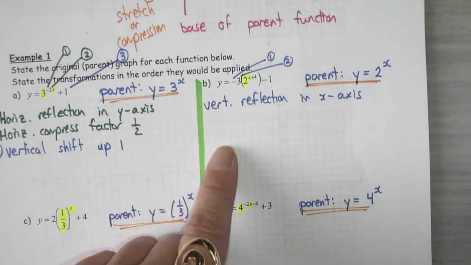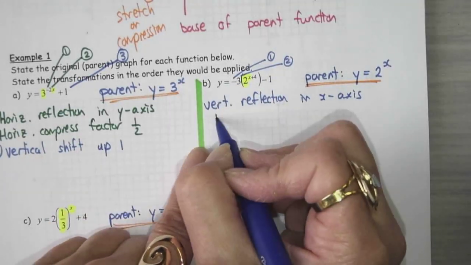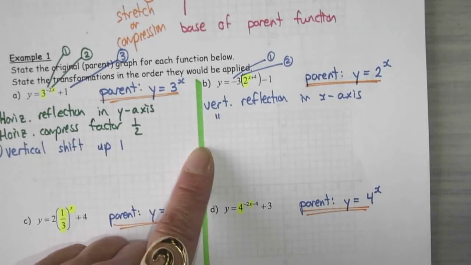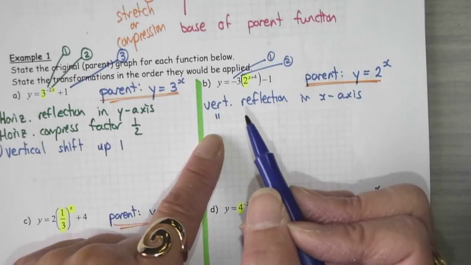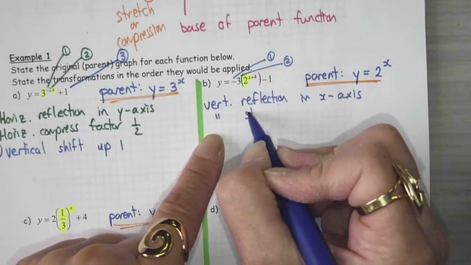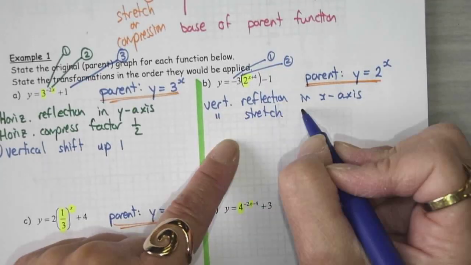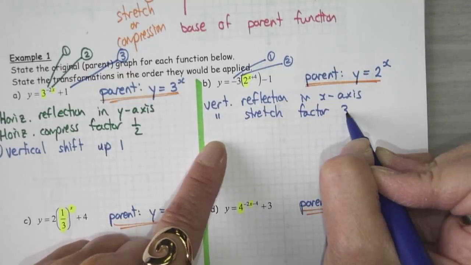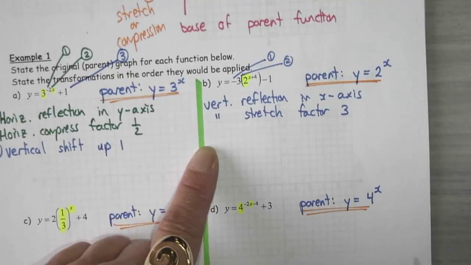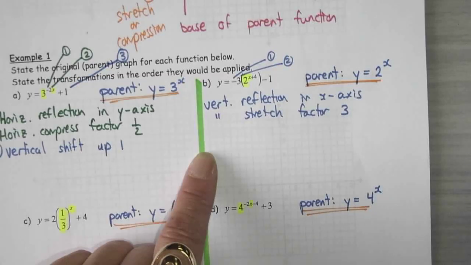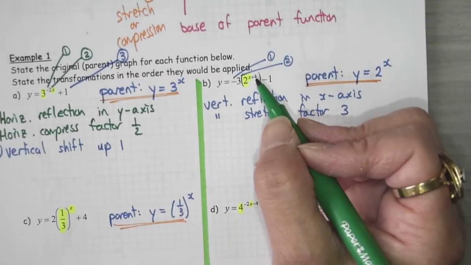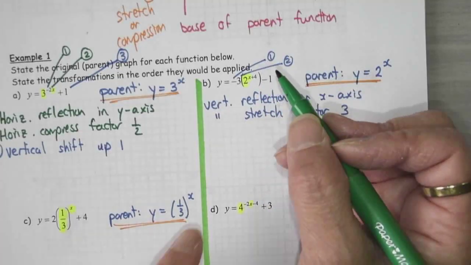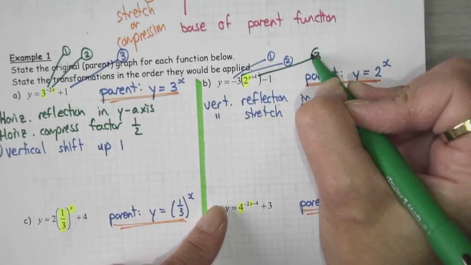That's the negative. Number 2 is going to be a vertical. You can use the tick marks if you want. Vertical. And is that going to be a stretch or compression? Stretch, by a factor of 3, so times 3. Then we have the plus 4, and it's up in the exponent, so that means it's horizontal. That's the third one.